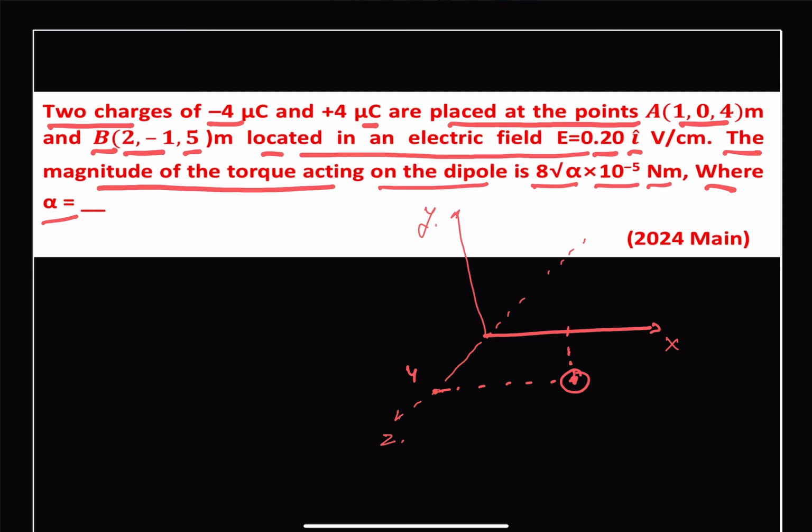This point is A, and the other point is given as B, and here it states that x is about 2 and y is -1. Let us suppose this is our -1, and z is equal to 5. Okay, it will be in 3D.